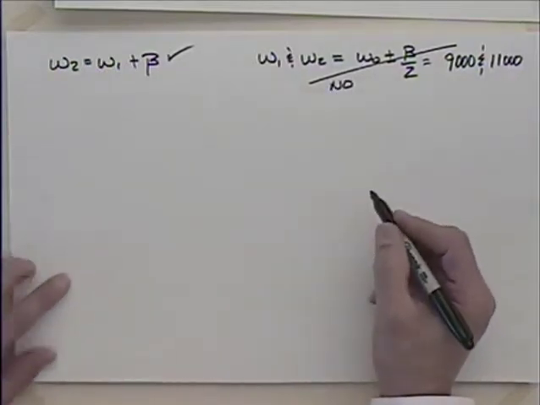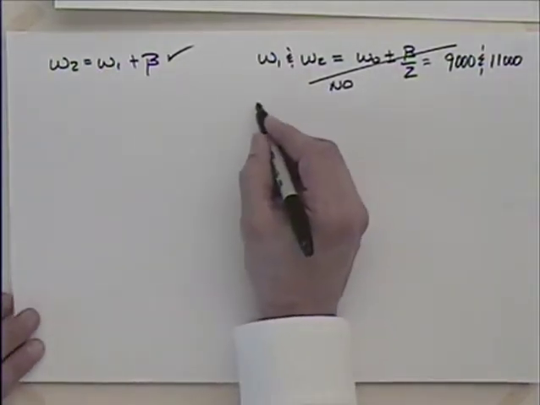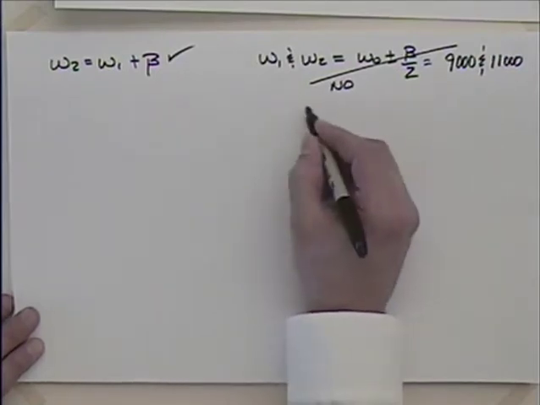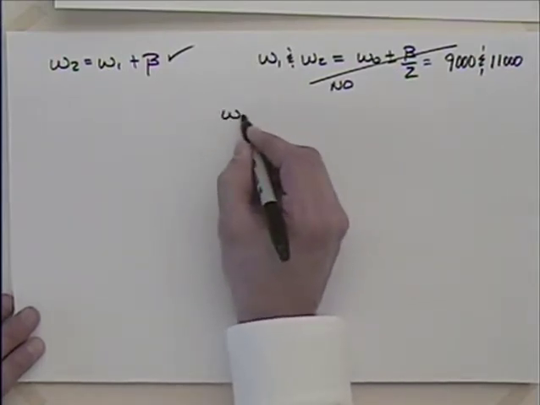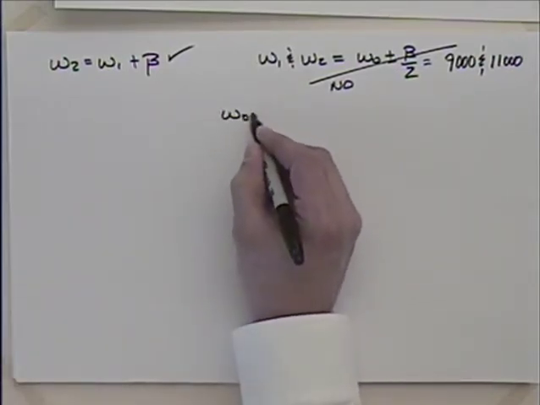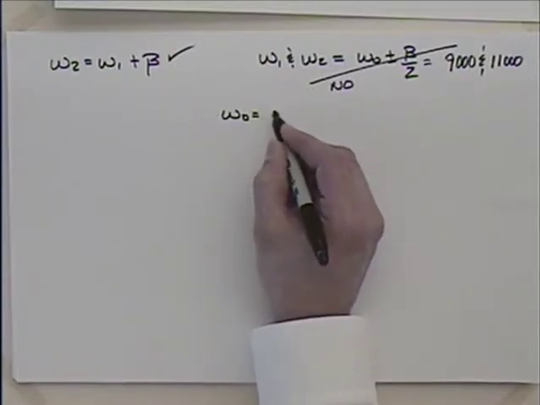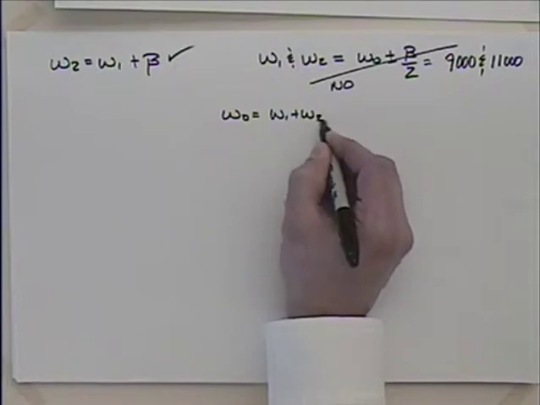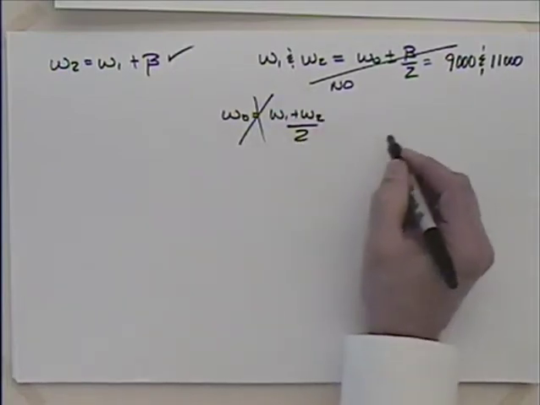The simple reason is because omega naught is not the arithmetic average of omega 1 and omega 2. It's not omega 1 plus omega 2 divided by 2. That's absolutely untrue.